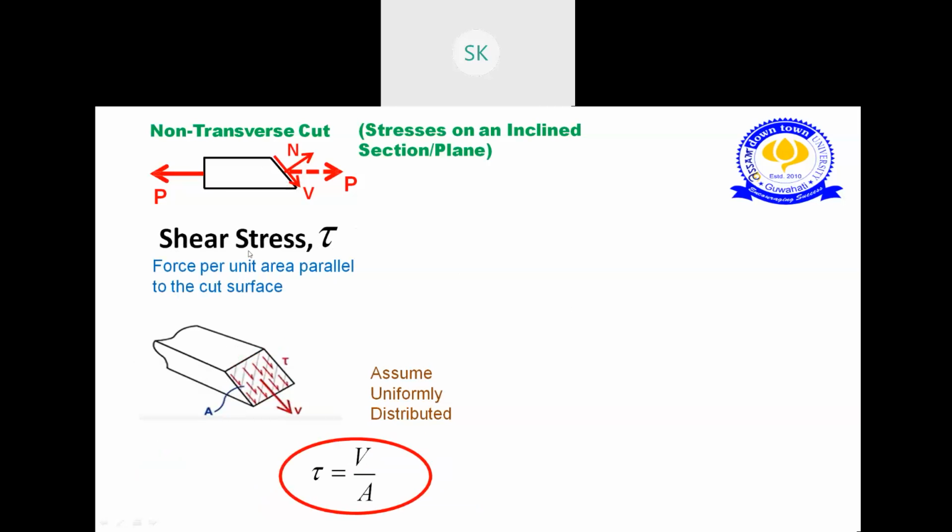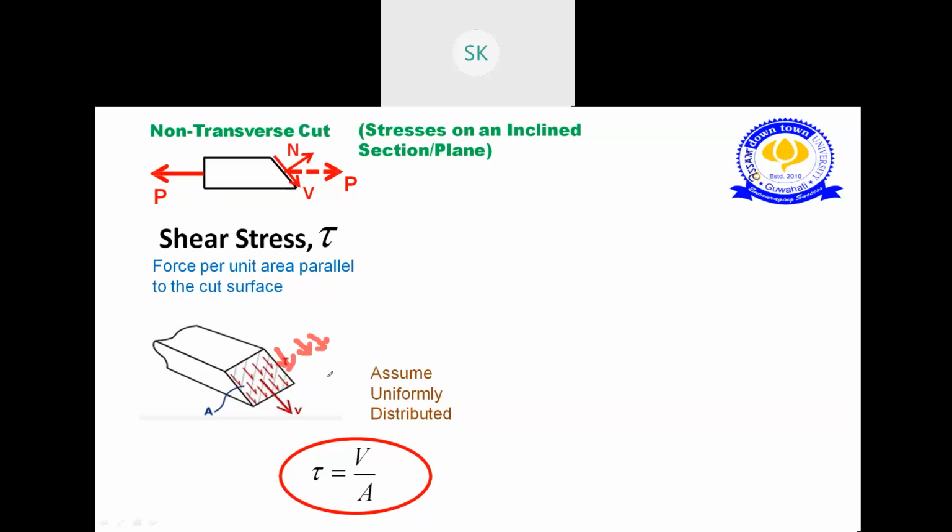So next, let's move to the shear stress. What is shear stress? Basically, shear stress is force per unit area parallel to the cut surface. This is your cut surface, and all the forces are parallel to it.